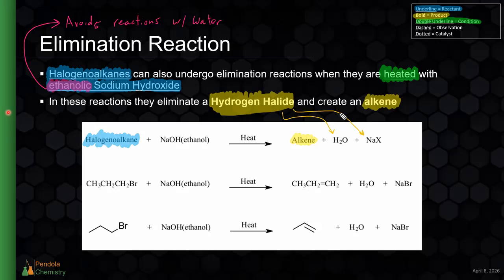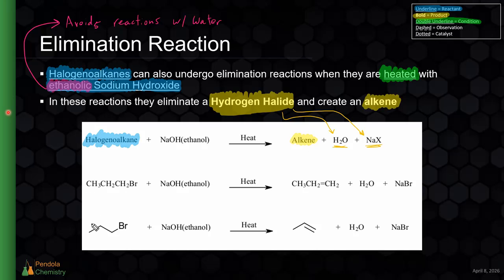This happens because the ethanol, meaning that there is no water, prevents an aqueous condition where this hydrogen halide could be formed. So a lot of the time, instead of writing this as a hydrogen halide, we'll divide up the hydrogen halide into water and a sodium halide.